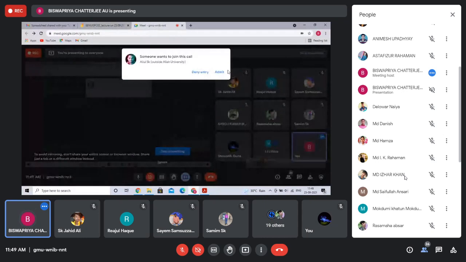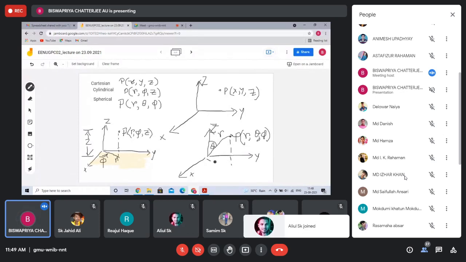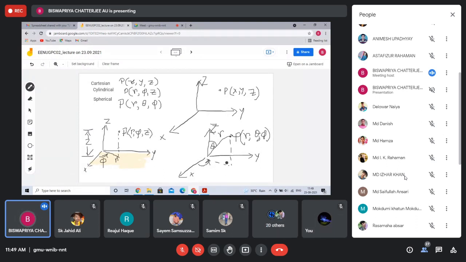In the same way, if you draw the projected point, the angle between the positive x-axis and the line joining is phi. So the definition of phi is the same as in the cylindrical system. This was our initial discussion based on the previous class.